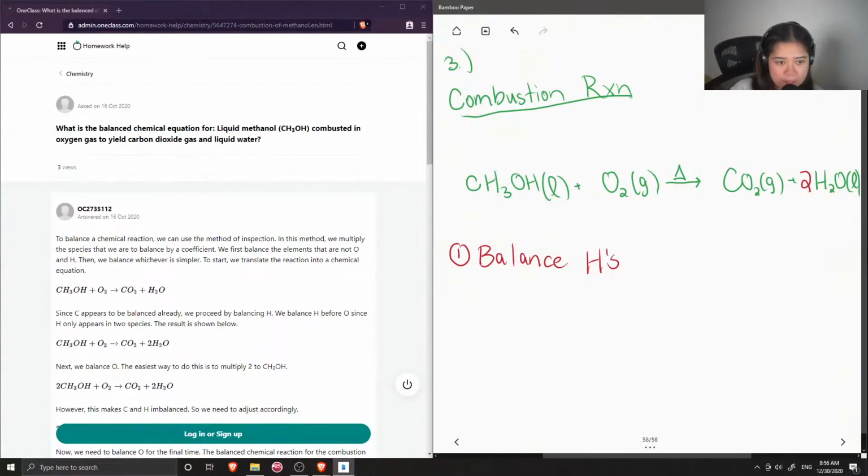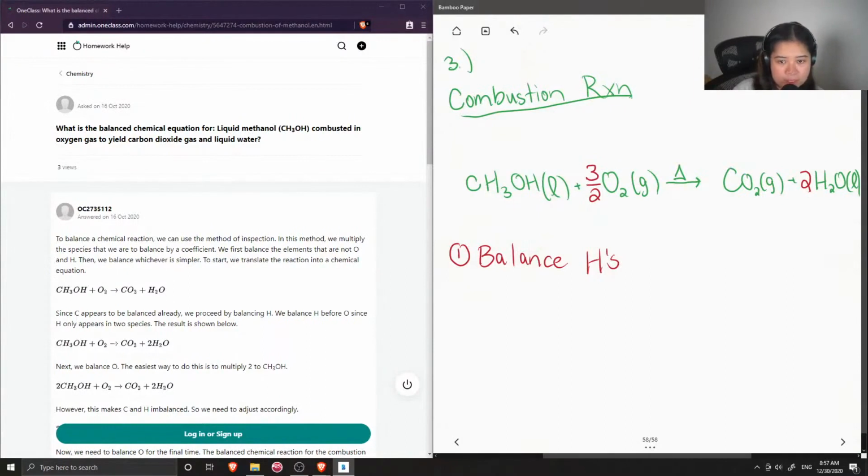So in times like this, I would need to add a coefficient of 3/2 in front of my O2 in order to also get 4 oxygens on both sides.